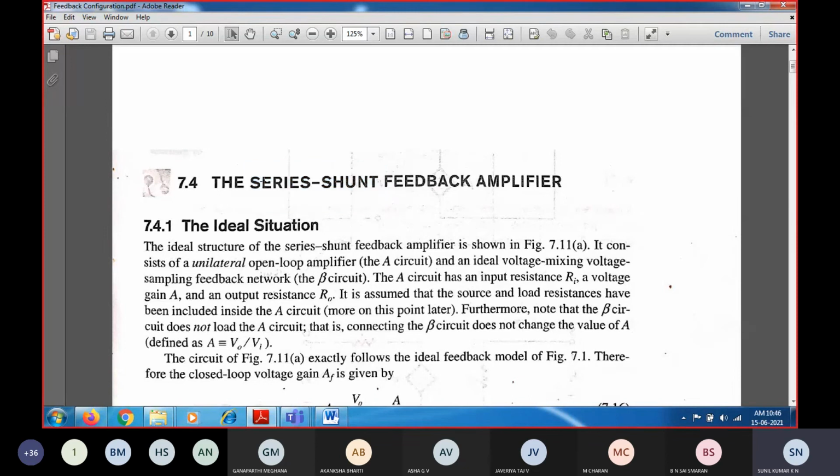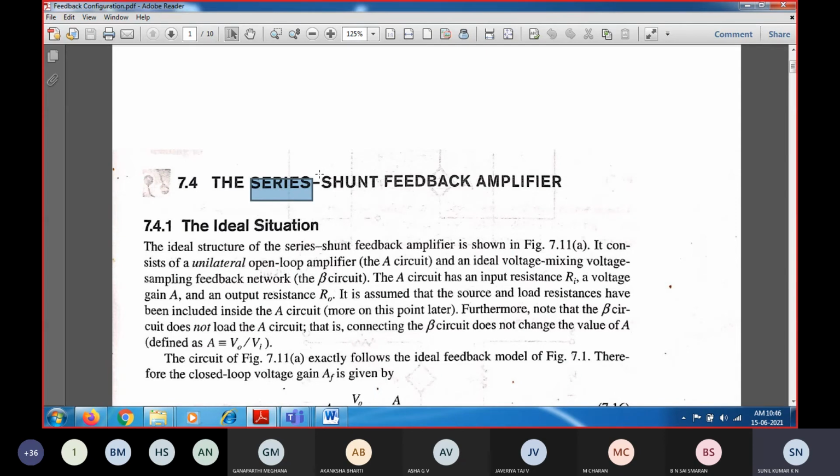Series at the input side means the input resistance is increased by a factor, remember this. This is how you can remember it for any amplifier configuration if they ask directly. For the series shunt configuration, what will be the input resistance with feedback? Since the input side is connected in series, you have to remember directly, without derivation, that the input side increases by a factor of 1 plus A beta.